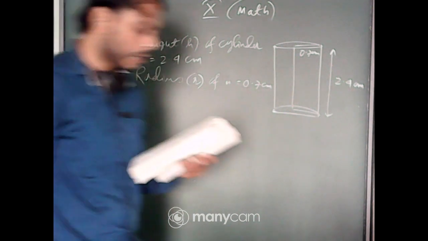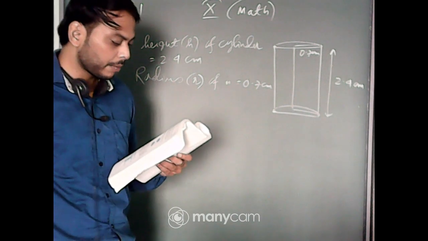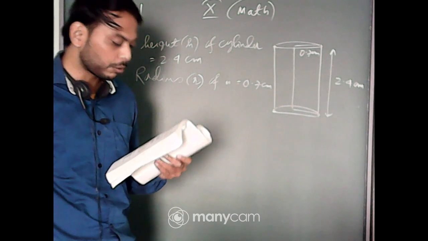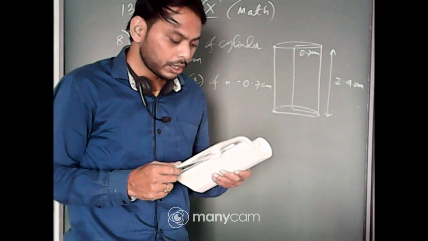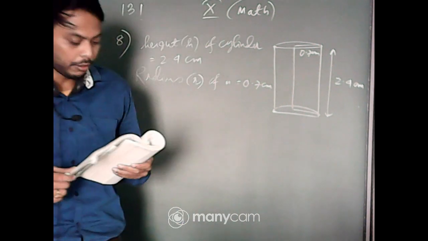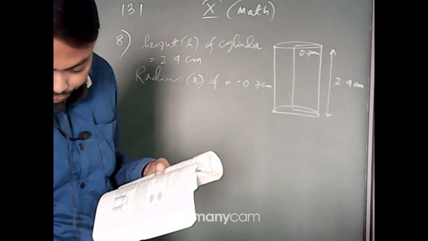Now, a conical cavity of the same height and same diameter is hollowed out, that means cut out. Find the total surface area of the remaining solid to the nearest centimeter square. Very important one.